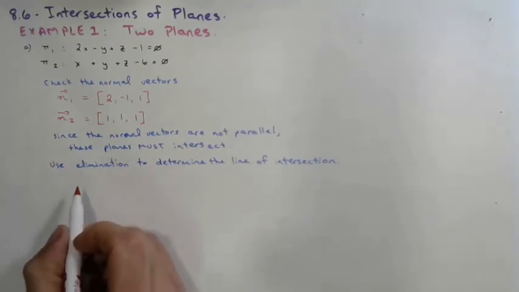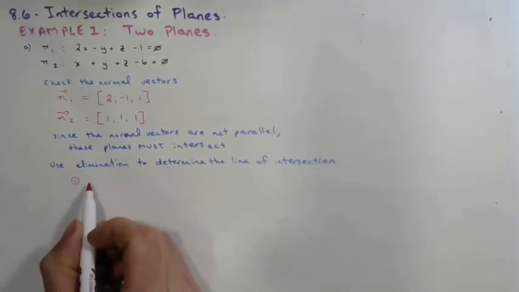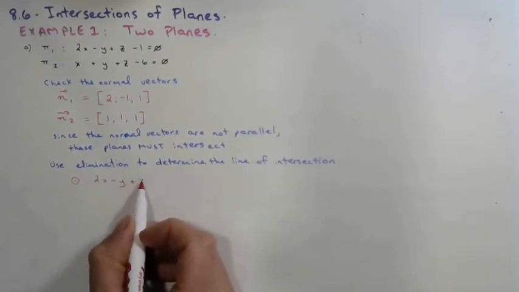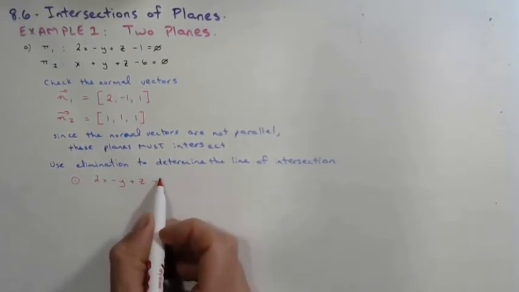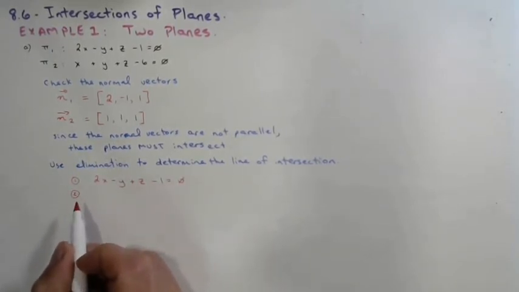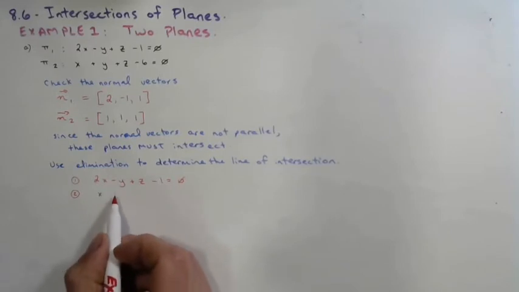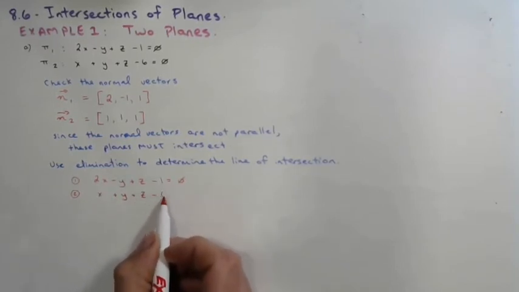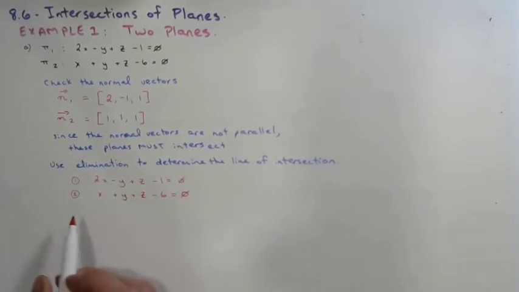We're going to label them equation 1 for plane 1. That's going to be 2x minus y plus z minus 1 equals 0. And equation 2 is going to be x plus y plus z minus 6 equals 0.